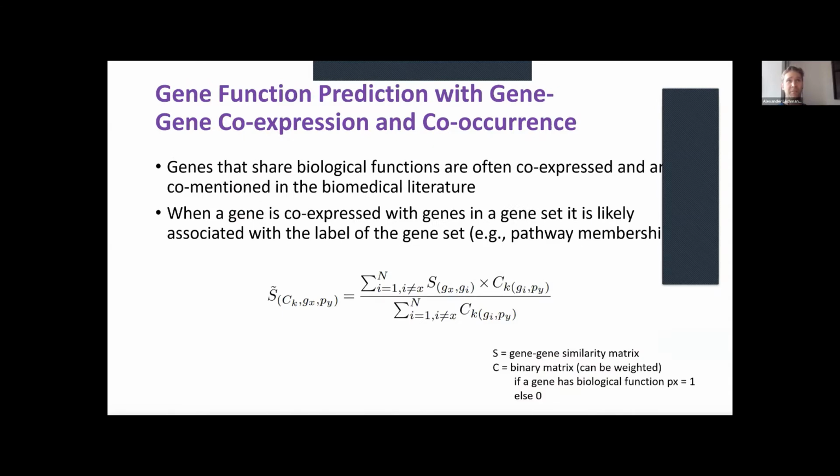And so this led to the idea that we should maybe try to predict genes that are understudied and associate them with gene functions. We did this in the ARCHS4 project, where we just used the average correlation of a gene to a gene set, given some gene-gene similarity matrix, and that works really well.